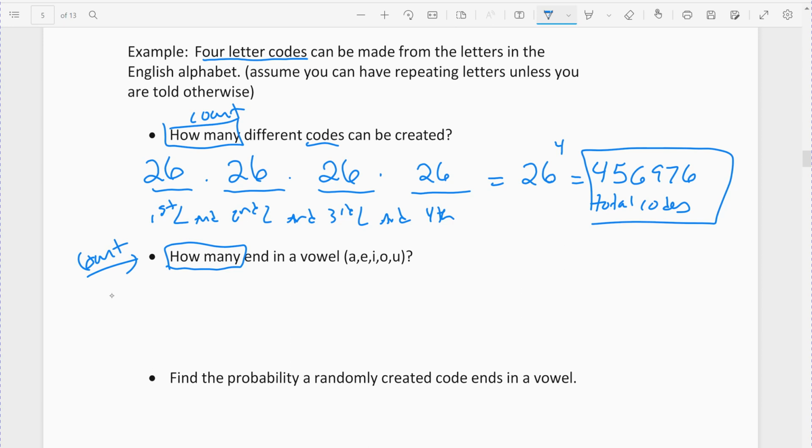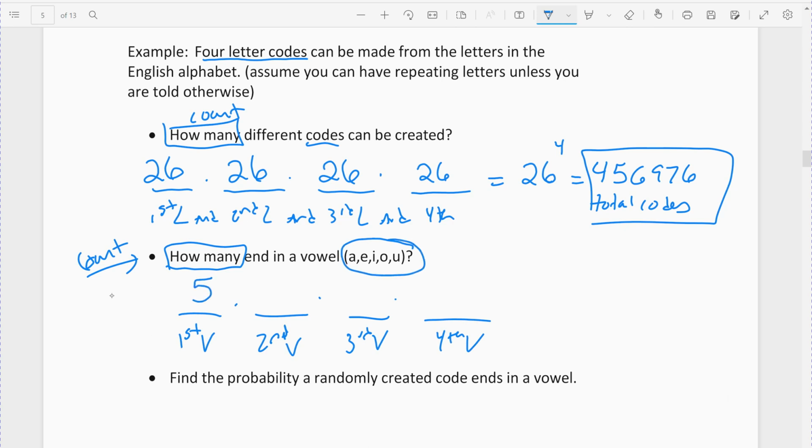So this time, when I'm setting up my code, instead of picking from all of the letters, we're only picking from the vowels. This would be my first vowel, the second vowel, the third vowel, and the fourth vowel. So it's all "and." I pick my first vowel, and my second, and my third, and my fourth. And so we only pick from those 5 letters.